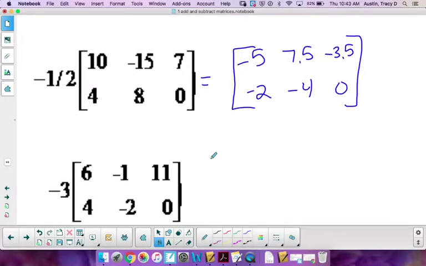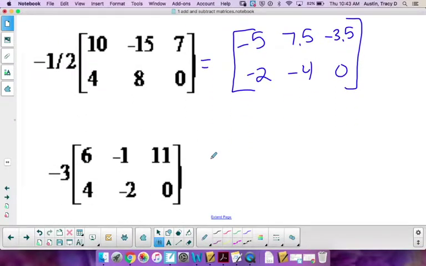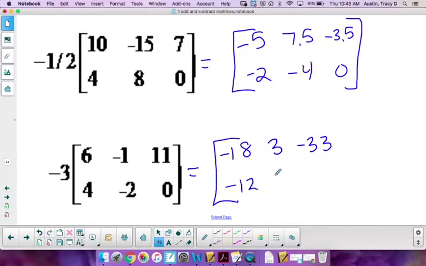All right, last one. Okay, -3 times everything. Okay, and that's it. Scalar multiplication.